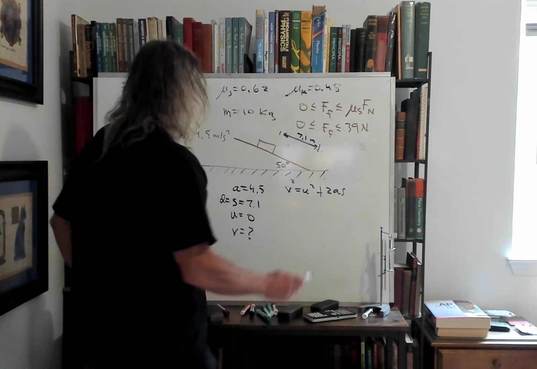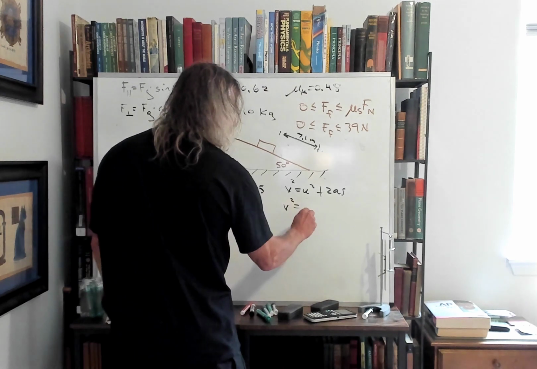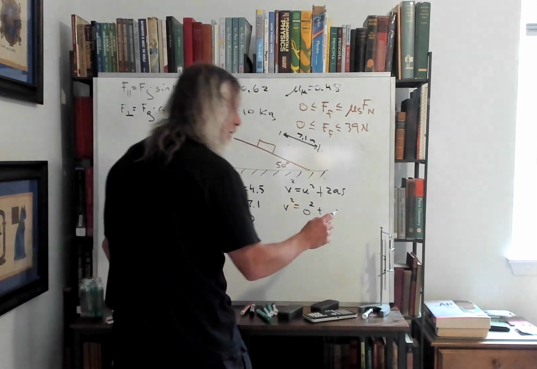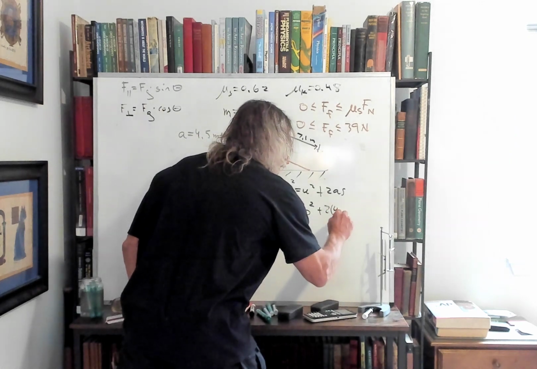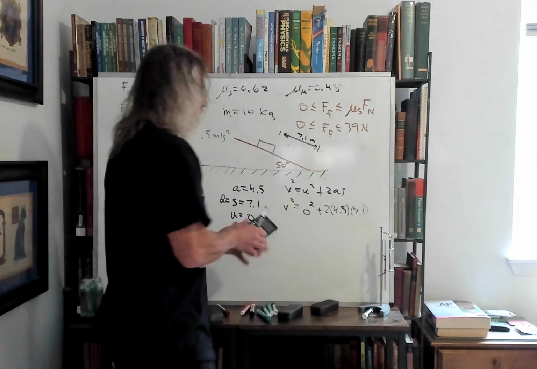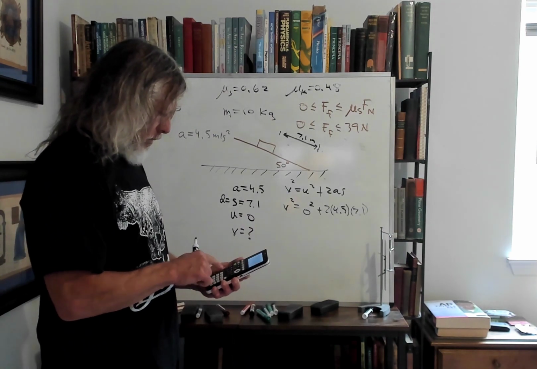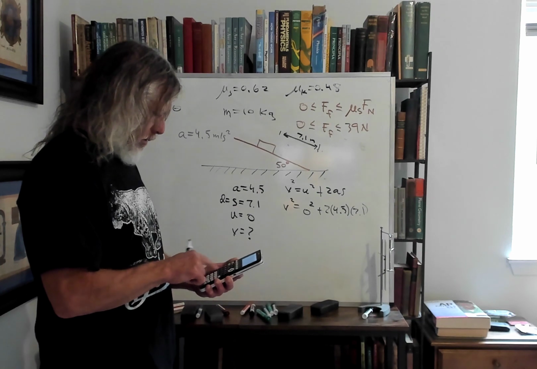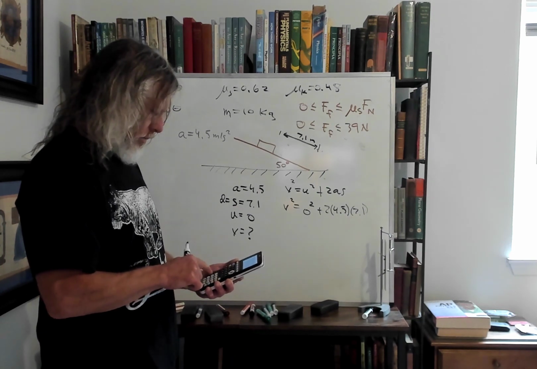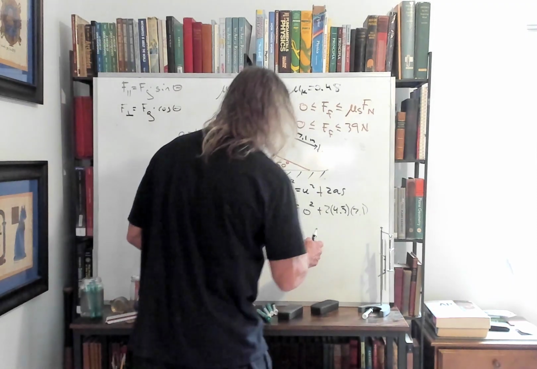Plug in our numbers. V squared is 0 squared plus 2 times 4.5 times 7.1. So 9 times 7.1, 63.9.